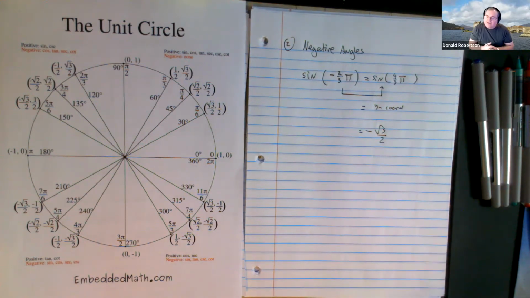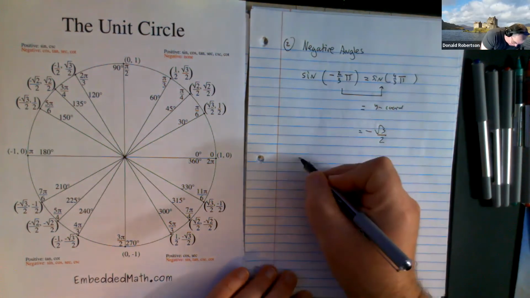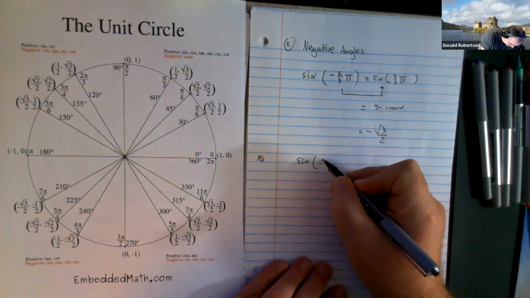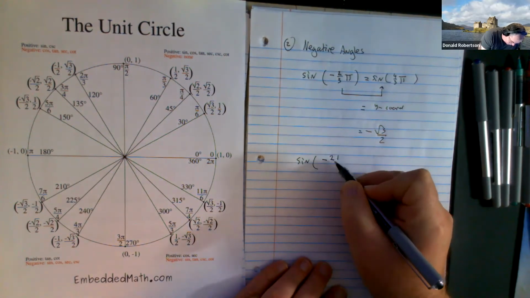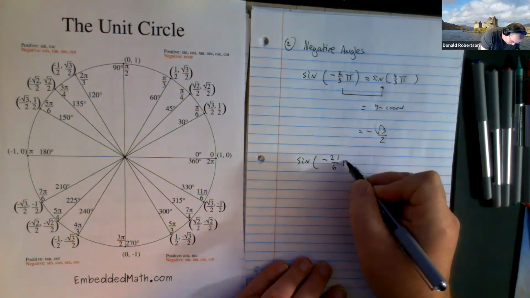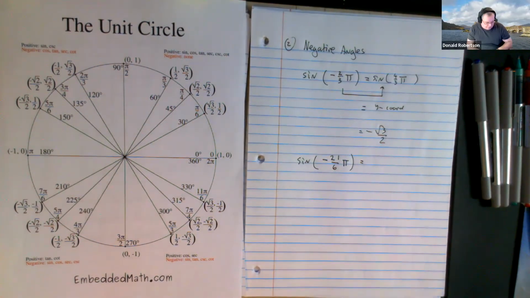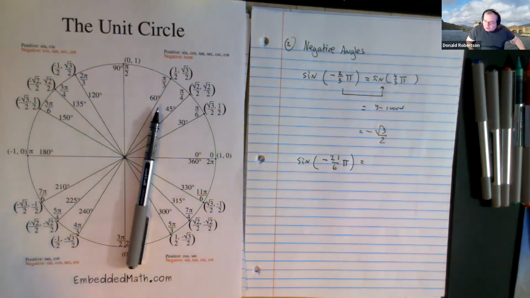Right. So when your angle is negative, don't you add 2 pi? Right. So let's make it even uglier. Are we good?